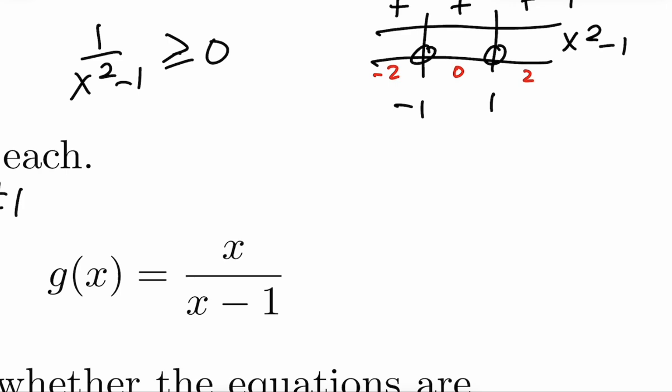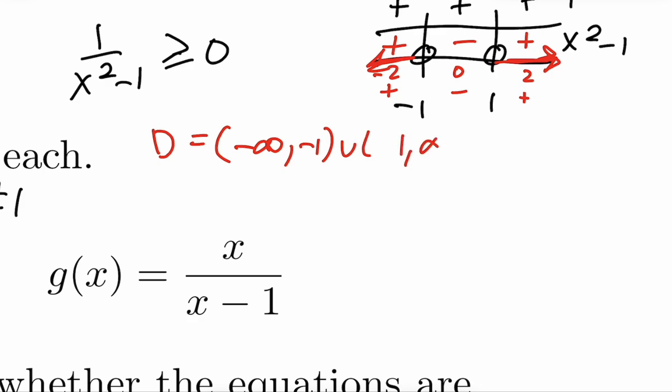Negative 2 squared is 4, minus 1 is positive. 0 squared minus 1 is negative. 2 squared is 4, 4 minus 1 is positive. So this region is positive, negative, positive. So my domain is anything from negative infinity up to negative 1, and then from 1 to infinity, and that's okay.